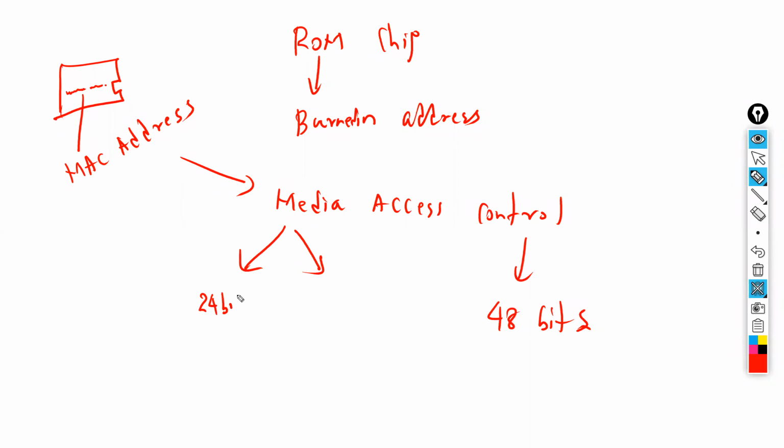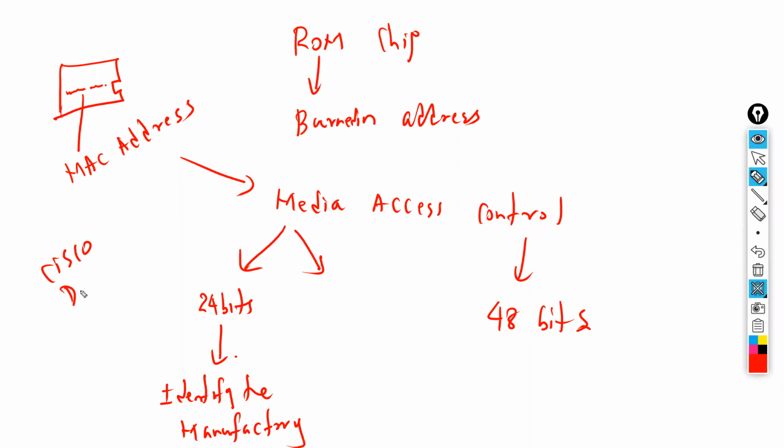The first 24 bits identify the manufacturer of the NIC, the manufacturer who is producing this network card, whether it is Cisco or Dell. Network interface cards are created by many companies in the world: Cisco, Dell, Juniper, Huawei, whatever, local or global ISPs will produce these NICs.